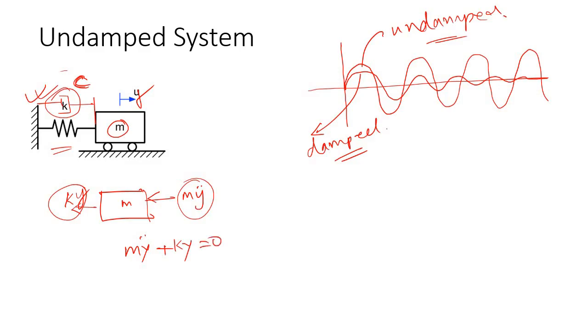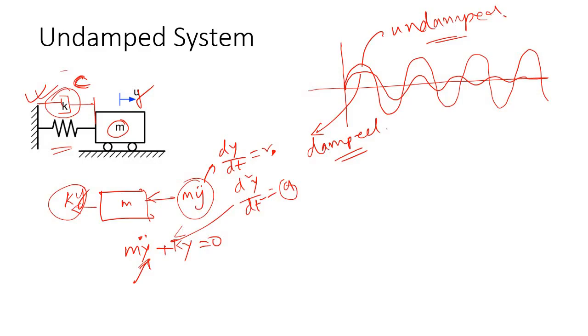Now, what is the solution? Definitely this is a second order differential equation, y double dot, that is simply the acceleration. That means velocity is dy/dt and acceleration is d2y/dt2. This is your acceleration, so this is a second order differential equation.